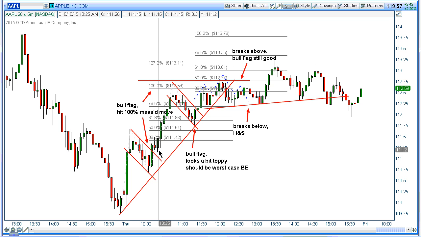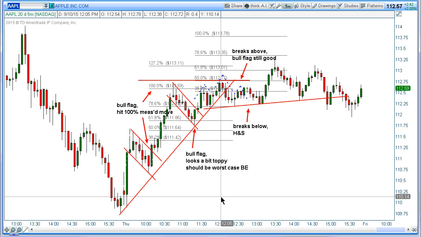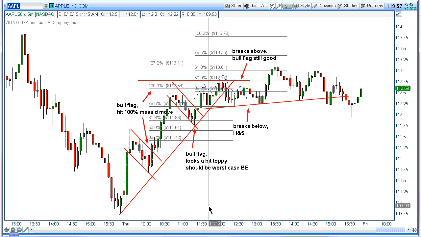So it gives you a heads up, and also some perspective of things to look at. It's not just like some of these people who just throw out entry and exit, right? It's all about discipline, the process of trading.